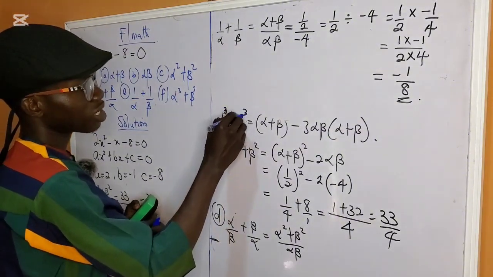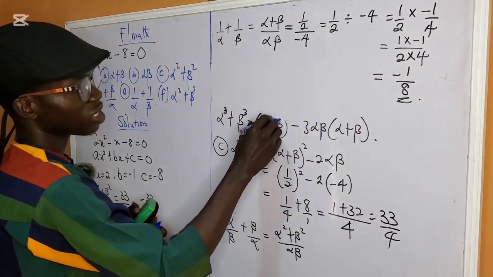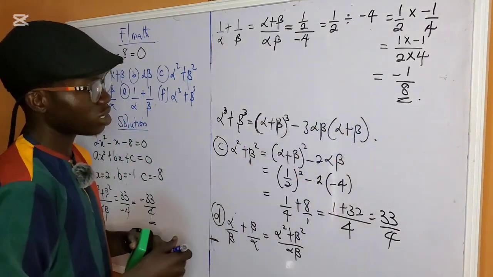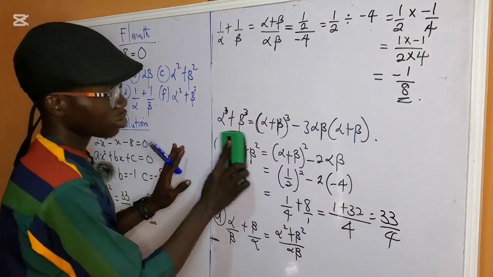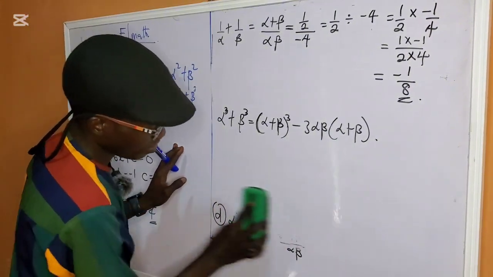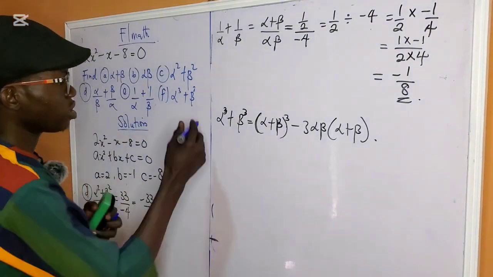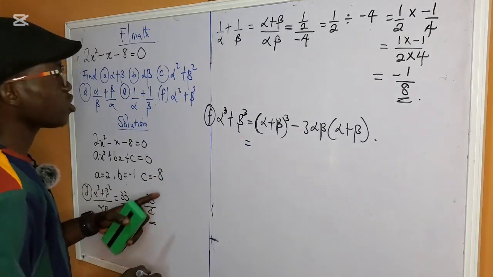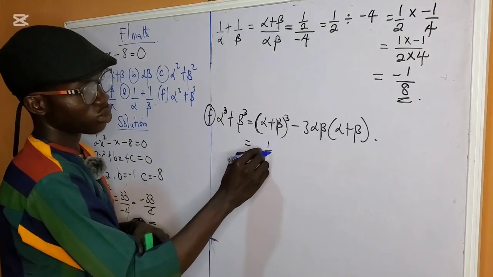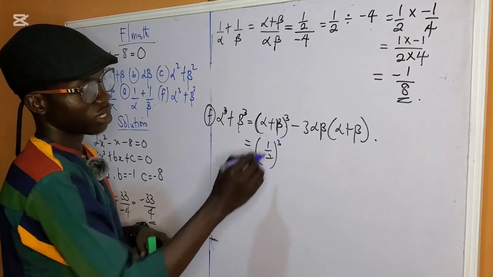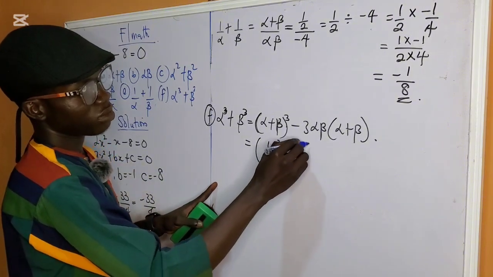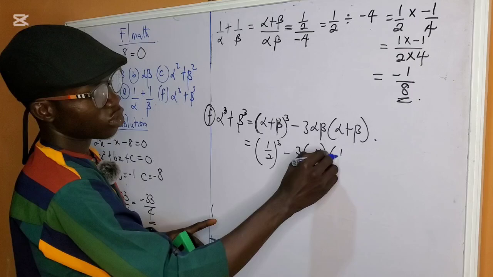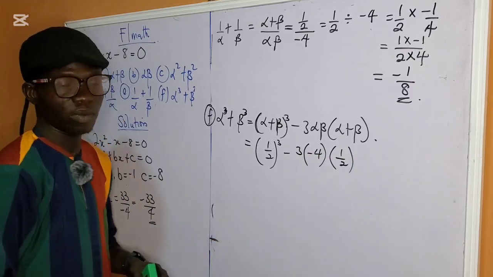So the next one is to get alpha cube plus beta cube. Alpha cube plus beta cube equals alpha plus beta cube minus 3 alpha beta, bracket alpha plus beta. So solving this, alpha plus beta cube is 1 over 2 cubed, minus 3 bracket alpha beta, that's minus 4, bracket 1 over 2, this is our alpha plus beta.